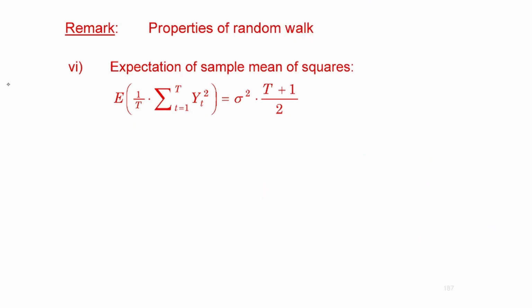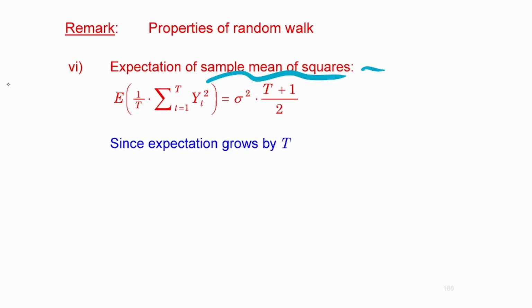So the issue is that the sample variance, so the sample mean of squares, relates to the sample variance, guys, because the mean of the squares minus the square of the mean is going to be equal to the variance.